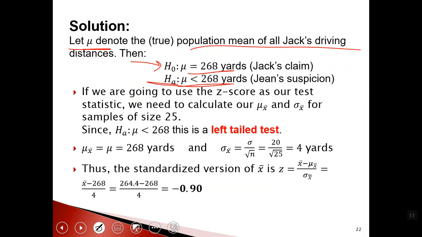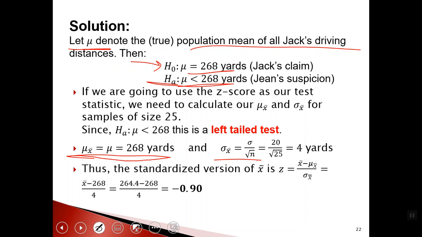First, you have to calculate your mean value. You know the population mean equals the sample mean, so mu x bar equals 268, but you have to calculate sigma according to the sample means.